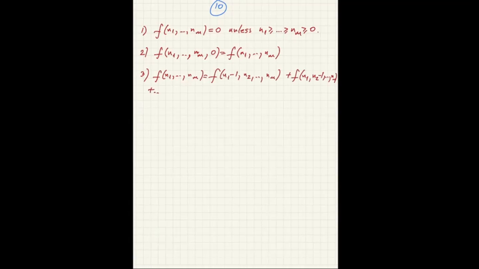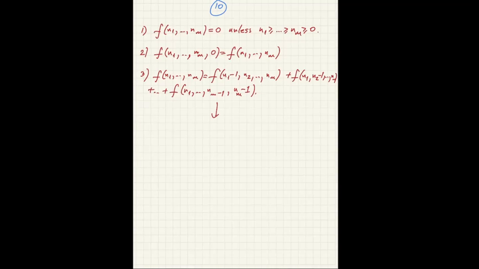You can go all the way to the end, f of n1 and m minus 1 and m minus 1, like this. All right, so that's basically it. And now, this will lead to a formula for this number of tableaus of this shape.